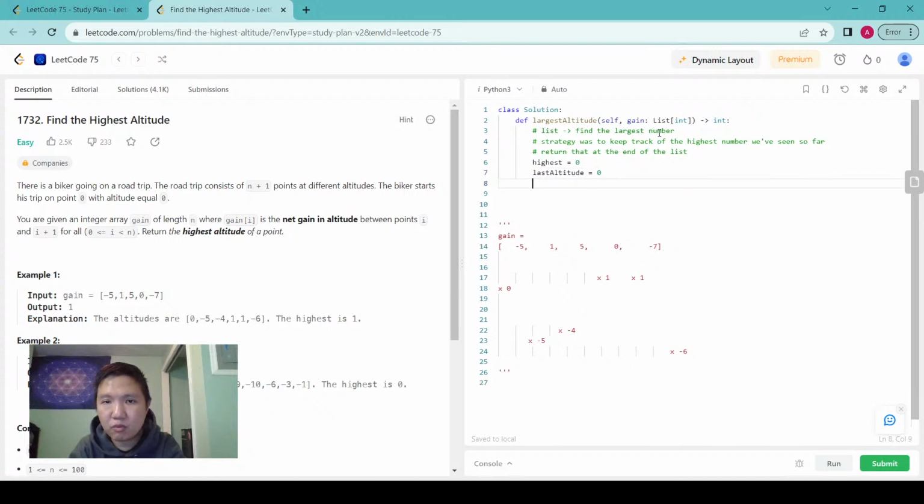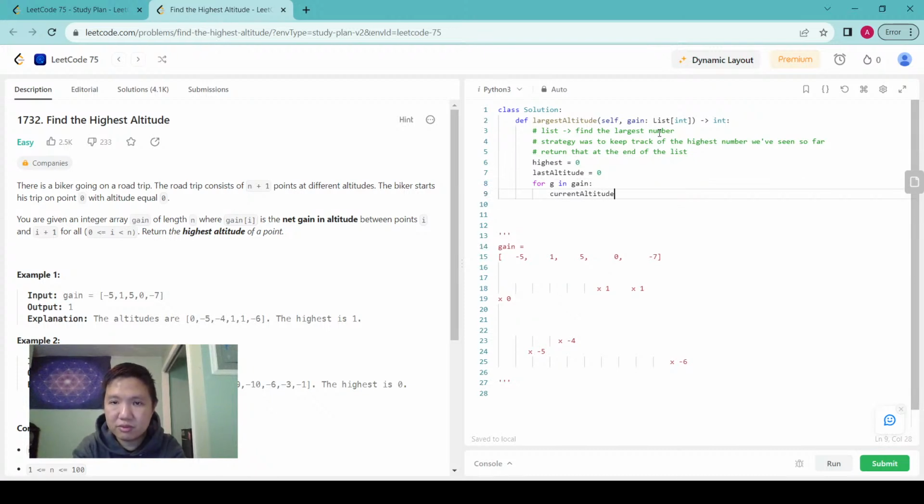Okay, and now what we want to do is say for G in gain, we calculate current altitude equals last altitude plus G. So we add our current gain.